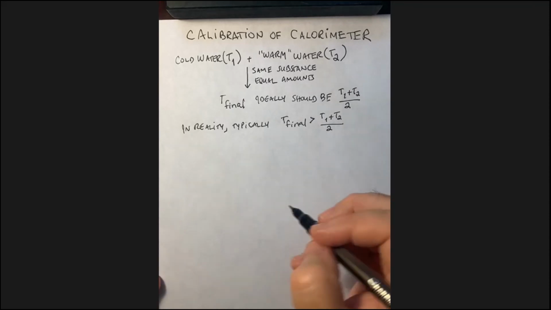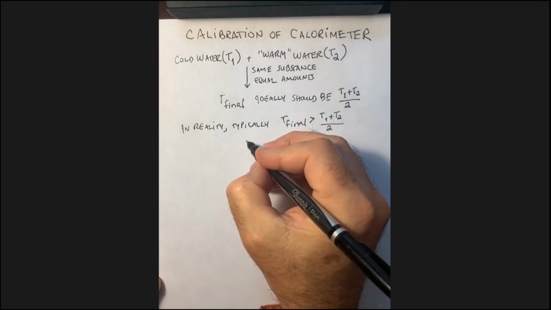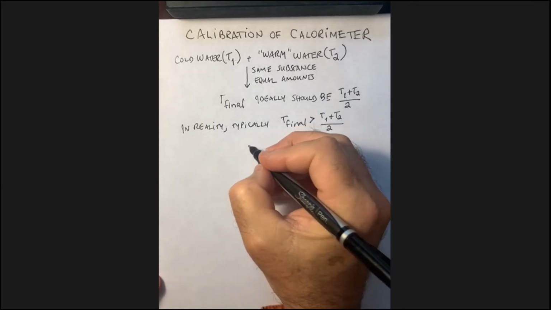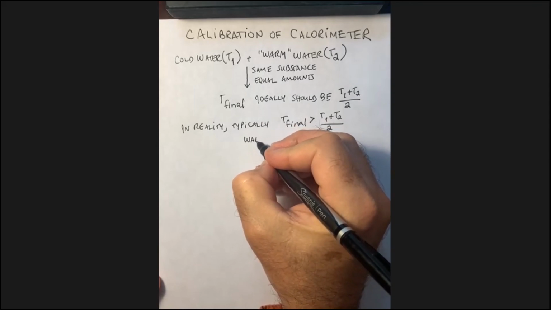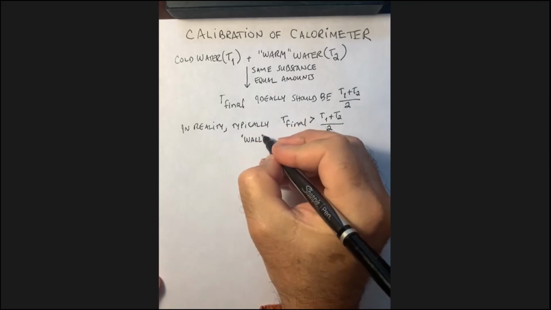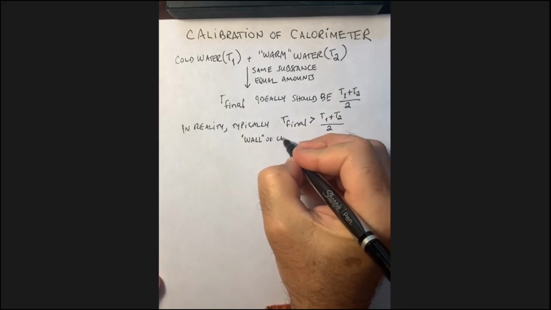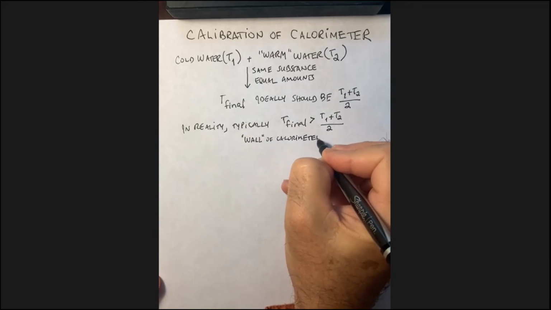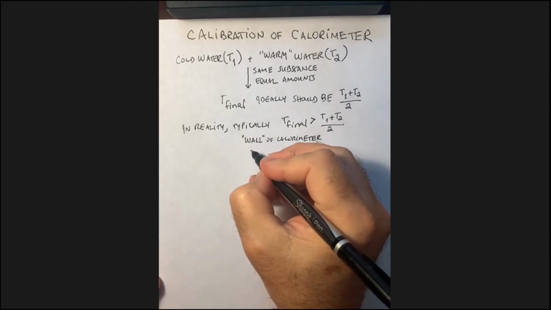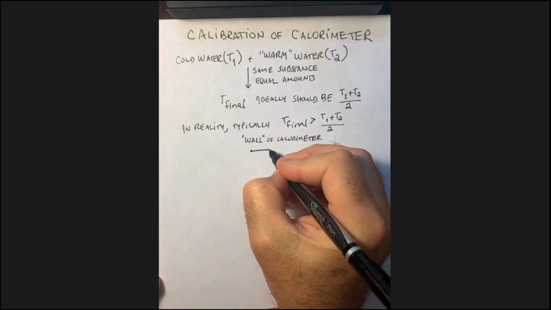I apologize for my poor sketching abilities, but let's pretend that I take my calorimeter. Remember, it's a double styrofoam cup. And let's say that I zoom in and look at the, let's call it the wall of the calorimeter. In other words, we're going to take a slice through and pretend that we actually see the wall of the calorimeter.